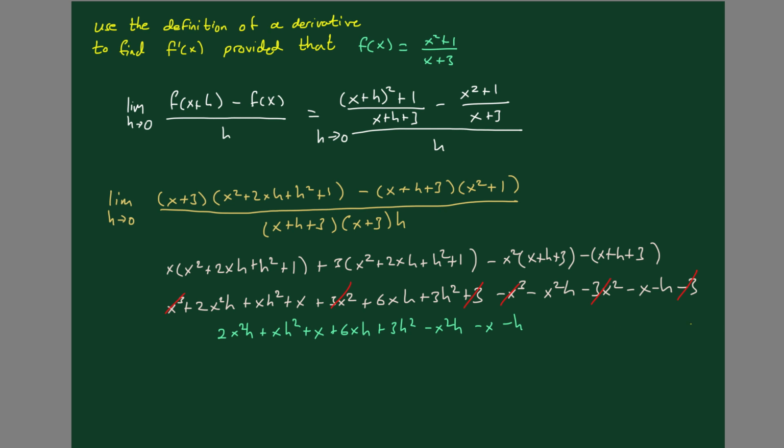So that becomes just a regular x squared h, and then we have a plus xh squared. Oh, and the positive x and the minus x cancel out over here. So x squared h plus xh squared, and then a plus 6xh, and then we have a plus 3h squared here.